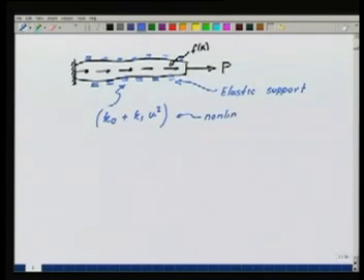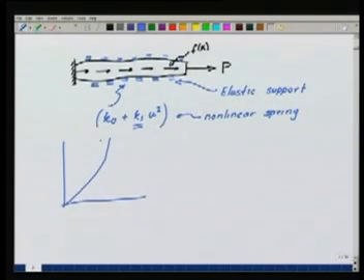If K1 is positive, then as the displacement increases, we have a hardening behavior. If K1 is negative, as the displacement increases, we get a softening behavior. Accordingly we have this kind of a representation of the spring. Let us take K1 to be positive.